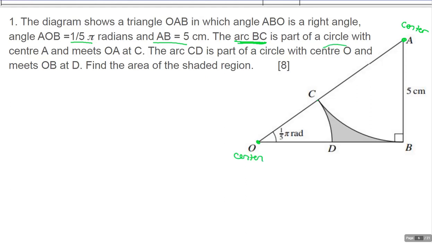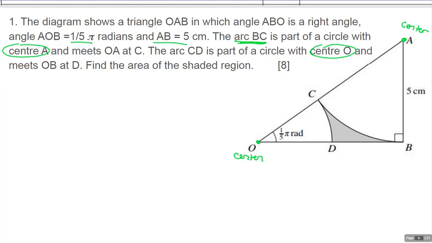I've got center O and I've got center A. And so then it says that the arc CD is part of the circle. Okay, that makes sense. And find the area of the shaded region.